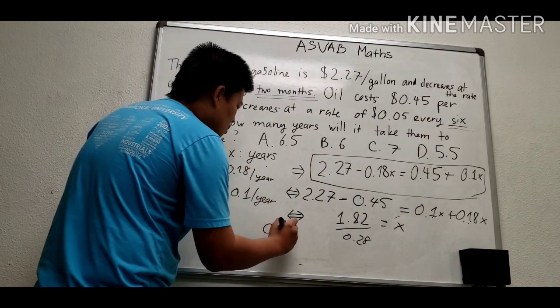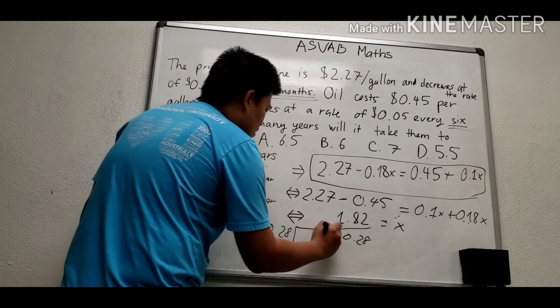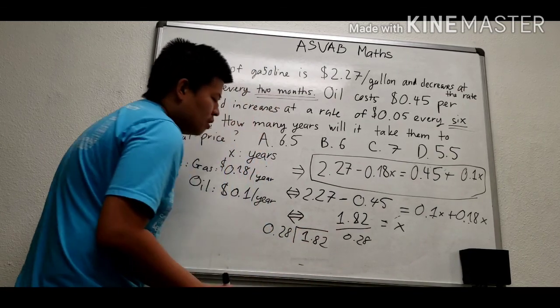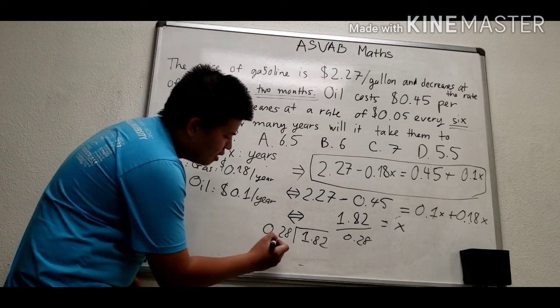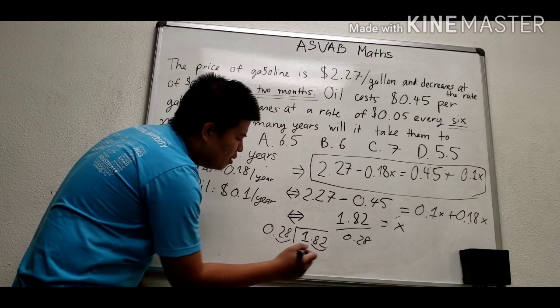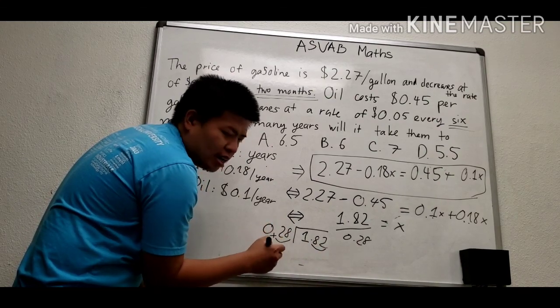So we just do division with the decimal number. We have 1.82 divided by 0.28. We see that there are 2-digit decimals, this one 2-digit number, so that we can eliminate the decimal number.